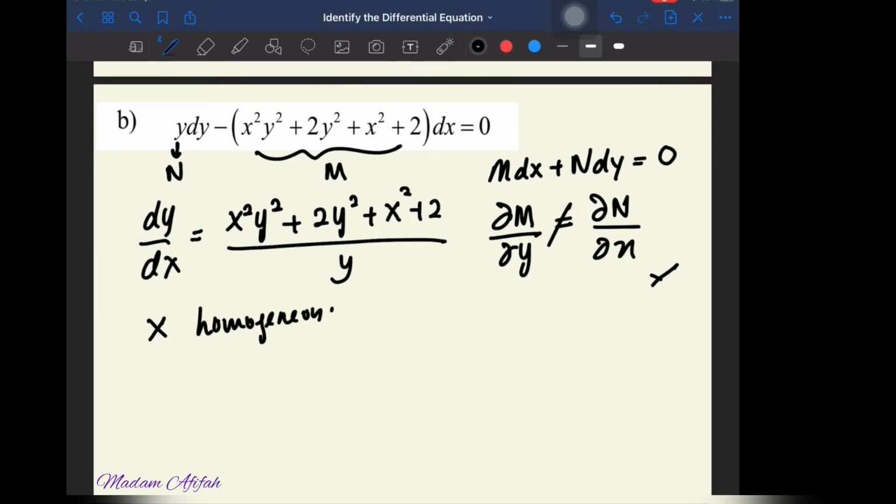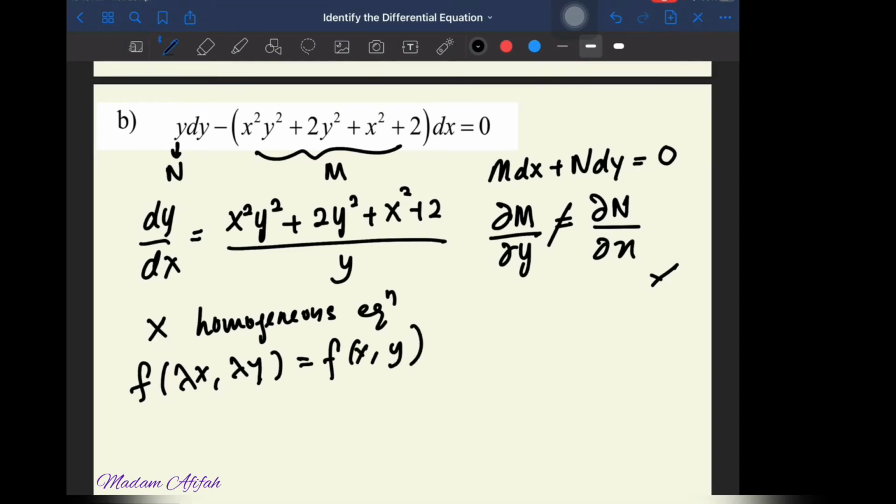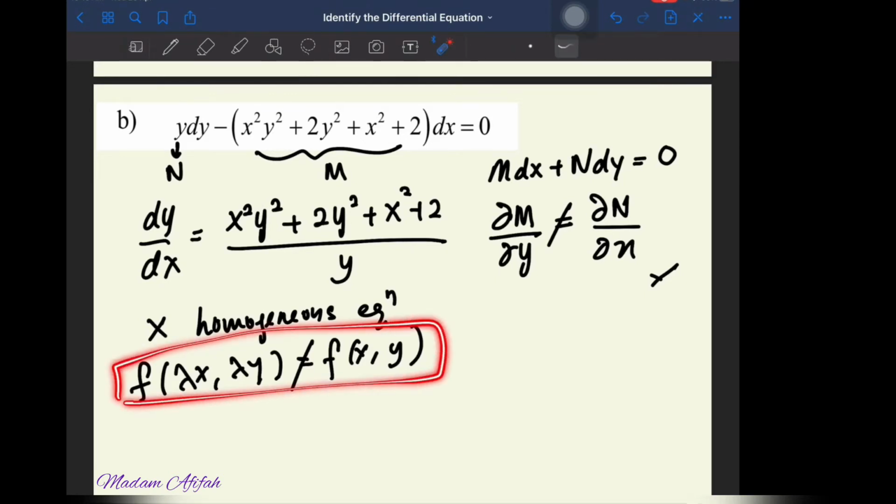For the homogeneity test, f(λx, λy) must be equal to f(x, y), but for this case you will have not equal, so therefore this is not a homogeneous equation. You can try on your own and prove that this is not a homogeneous equation.